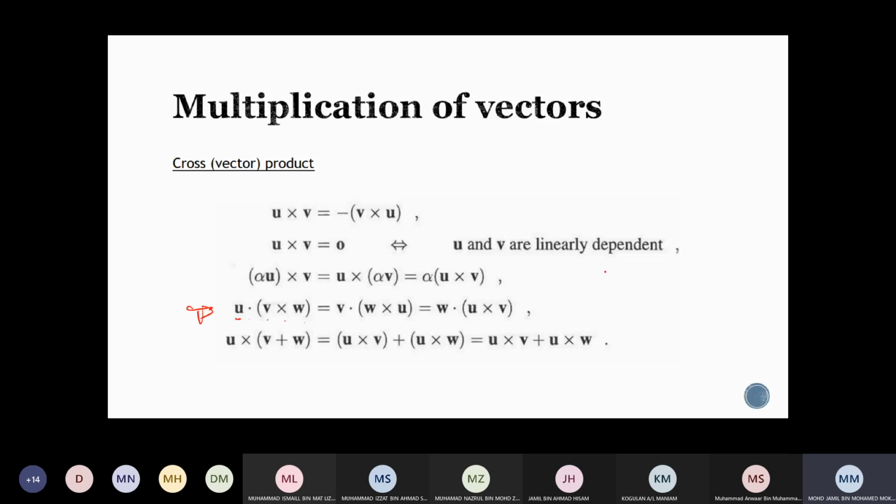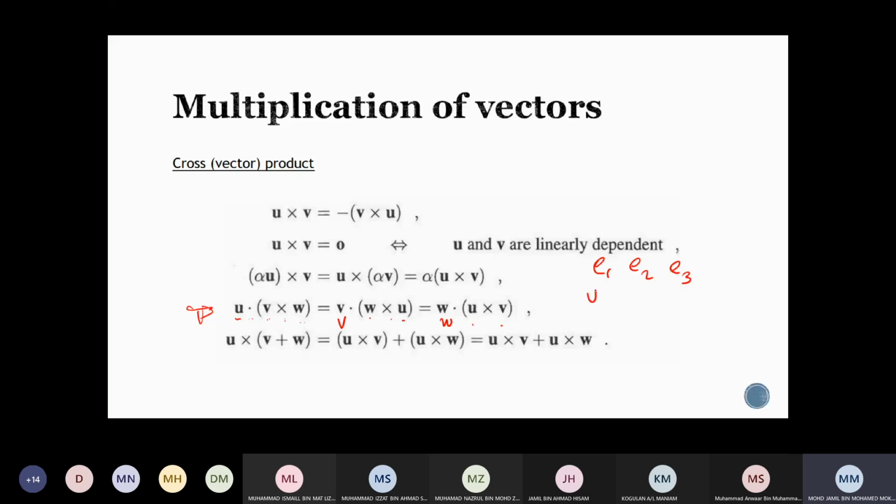What I mean is that, let's say if we have vectors e1, e2 and e3, dia punya urutan mesti you must make sure that the order of the vectors is always perpendicular, macam cakap tak faham kot. Okay, so u dot v cross w, so if you write v, dia mesti followed by w and then u. So if you start with w, then it must be followed by u and then v.